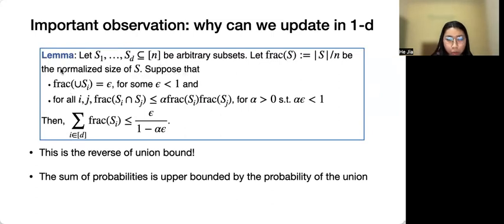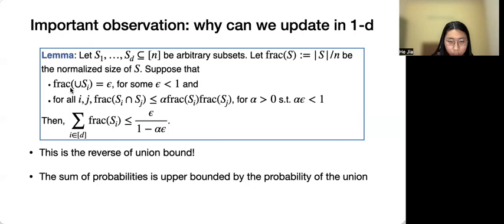Now, suppose we have the following two conditions. The first one is that the fraction of the union of the Si is at most epsilon. So if we think those sets are outliers, then this means the union of those outliers is bounded by epsilon.